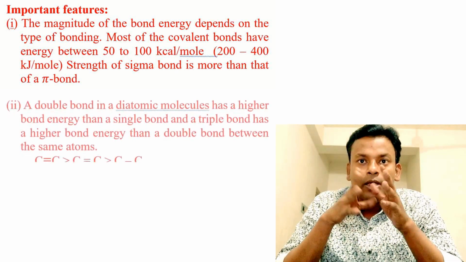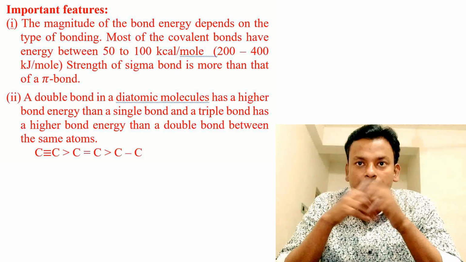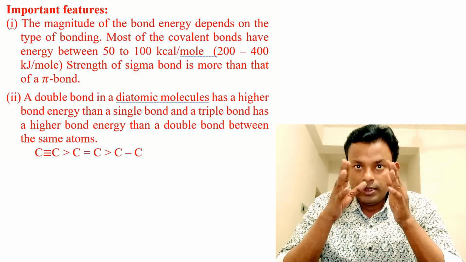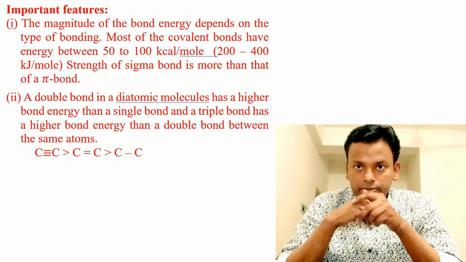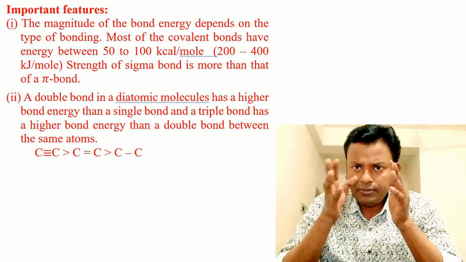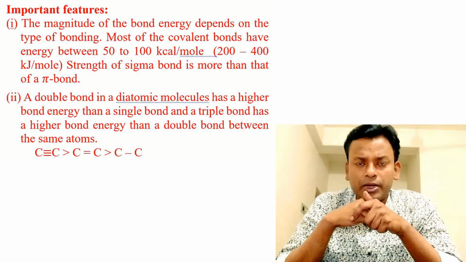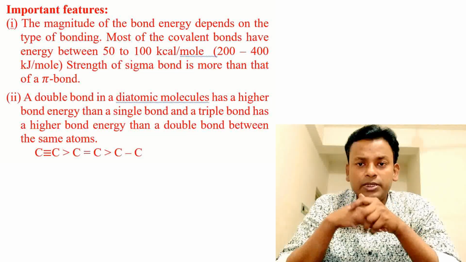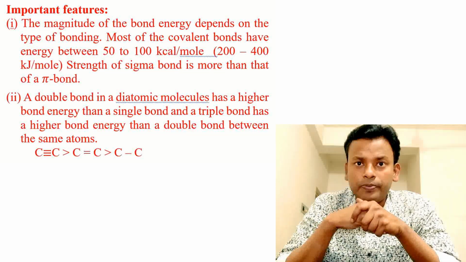Point 2. A double bond in a diatomic molecule has a higher bond energy than a single bond, and a triple bond has a higher bond energy than a double bond between the same atoms, that is the C-C triple bond energy is more than the C-C double bond, which is more than the C-C single bond.